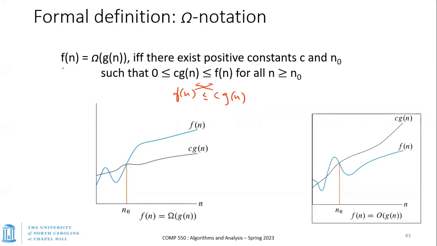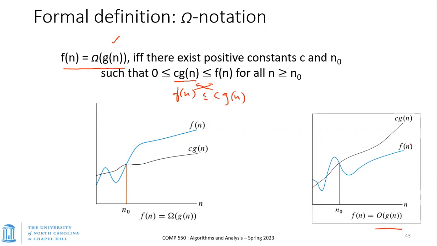So f of n is big omega of g of n if and only if there exist positive constants c and n naught such that 0 is less than or equal to c times g of n, which is less than or equal to f of n, for all n greater than or equal to n naught.